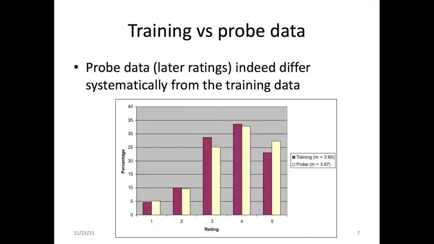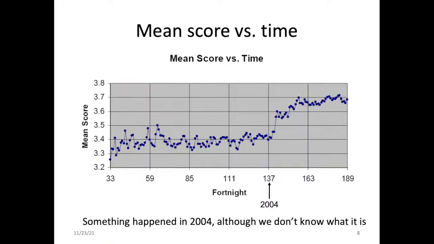And here are some of the statistics in this data set. The probing data is the last few ratings in the training data. They call it probe data. It turns out that the statistics of the probe data are a little bit different from the training data. They also found that, on a certain date in 2004, people's ratings start to increase.